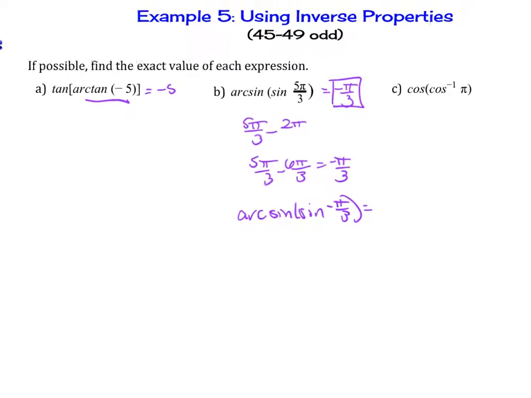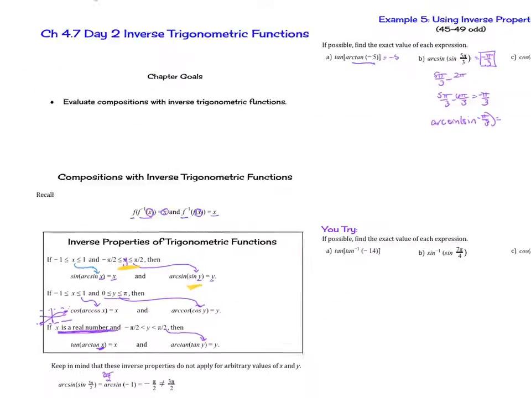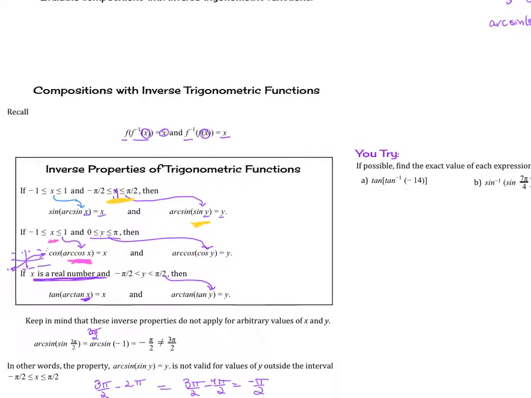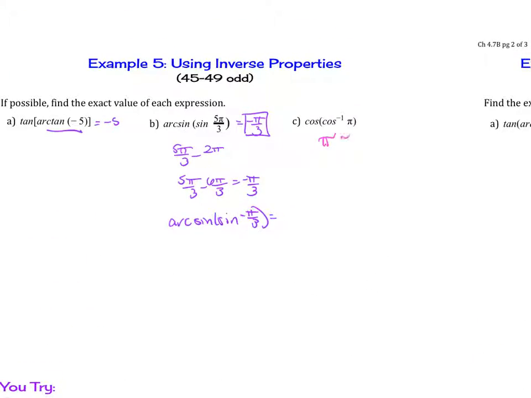Last example, we have cosine of arc cosine of pi. For the arc cosine, we have to look at the x, and x has to be between -1 and 1. We're looking at pi, which is approximately 3.14, so this is not in the domain. So it's not possible, or it might say in the book, not defined.